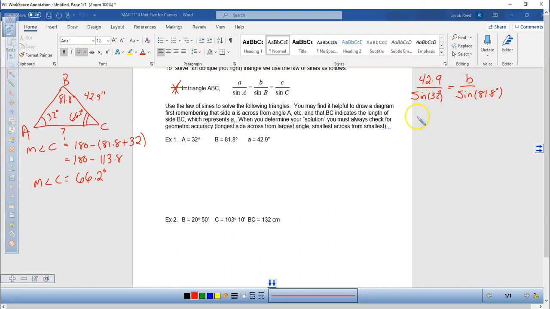We cross multiply, so 42.9 sine of 81.8 is equal to B times sine of 32. I want to solve for B, so divide by sine of 32.